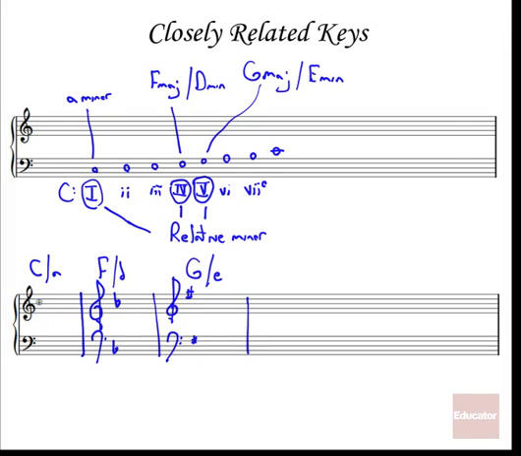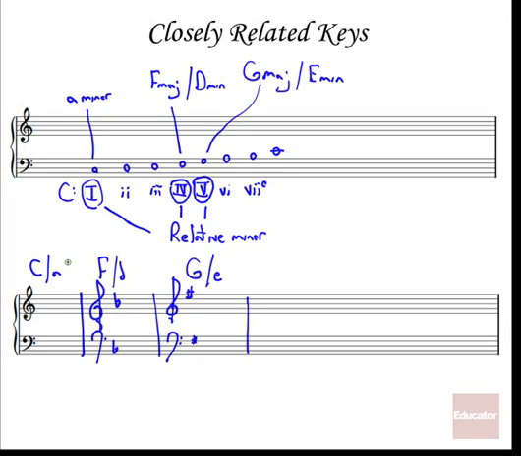And so what we find is that from our home key of C major, the other way to think about the closely related keys are the keys that only differ in one accidental from the key signature, and they're, of course, relative majors and minors. So C major has no accidentals, so F major is close because it only adds one flat, and then G major is close because it only adds one sharp, and then, of course, the relative minors of those are all considered close.